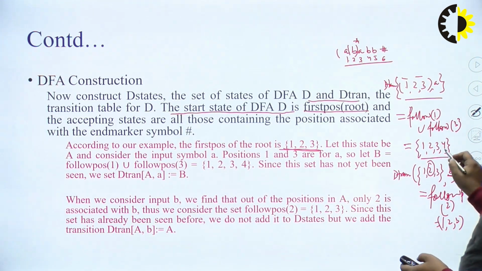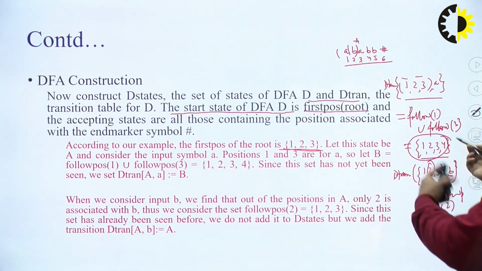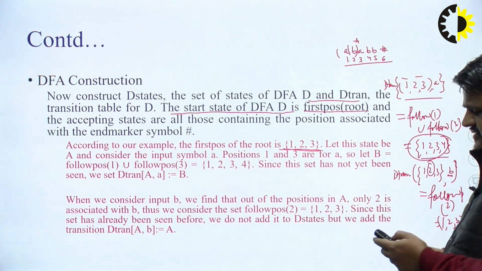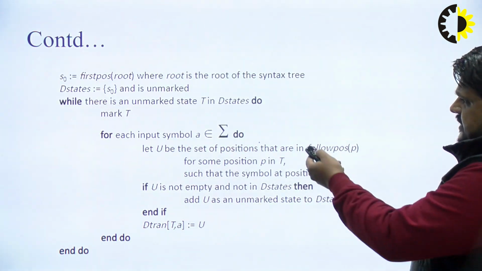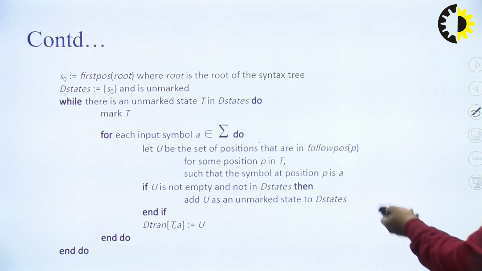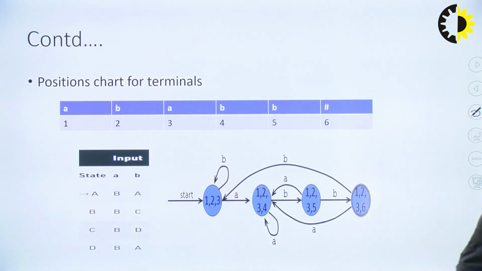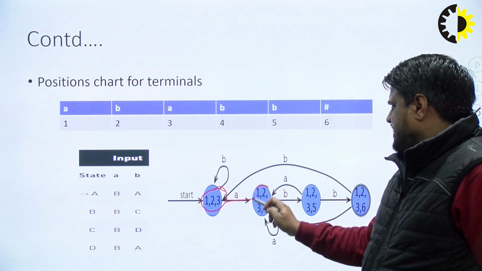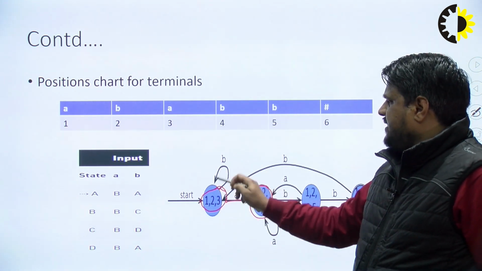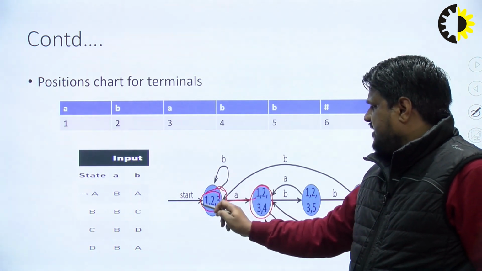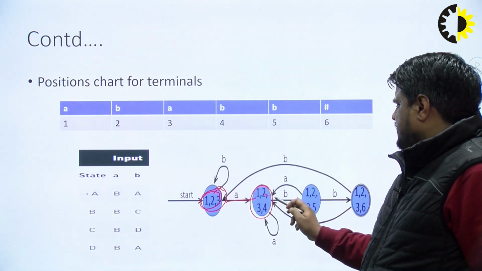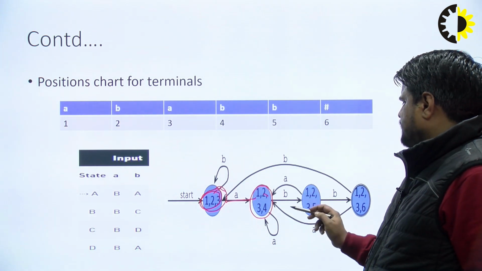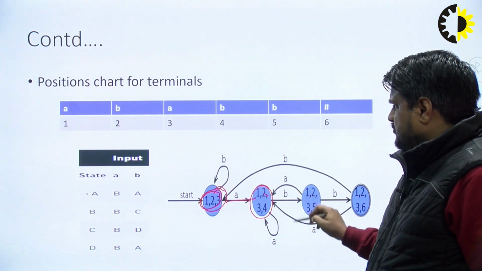Now the new state will be this one. So you can take this state and find out the transitions. Ultimately this is an algorithm to perform this task. Look, on A from 1, 2, 3, you will move to 1, 2, 3, 4. On B, you will move to 1, 2, 3. From 1, 2, 3, 4 on A, you will move to 1, 2, 3, 4.